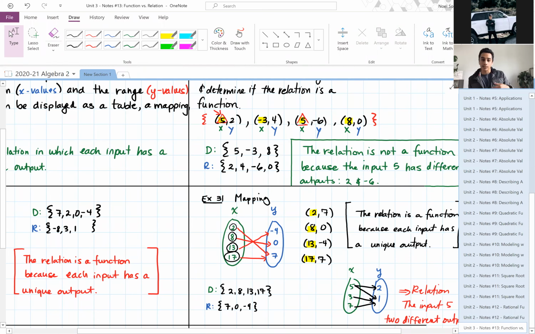If I'm giving you coordinates or a table or a mapping, I want you to identify it in the form that it's in. If I give you a graph, then I want you to identify it using the vertical line test. So the vertical line test is only for when you are given the graph already. If you're given anything else, you're supposed to be able to identify it in a different way.